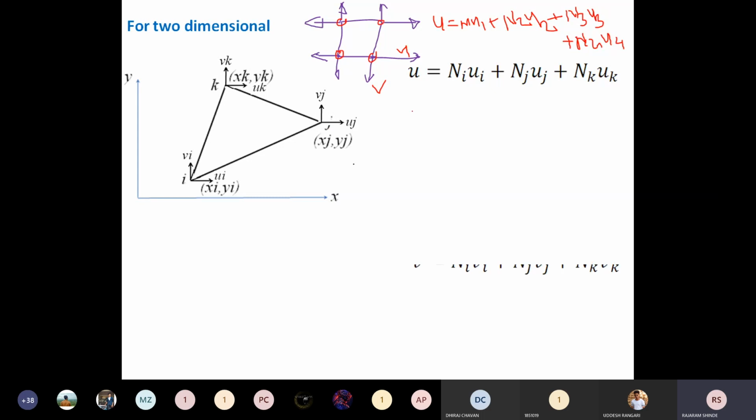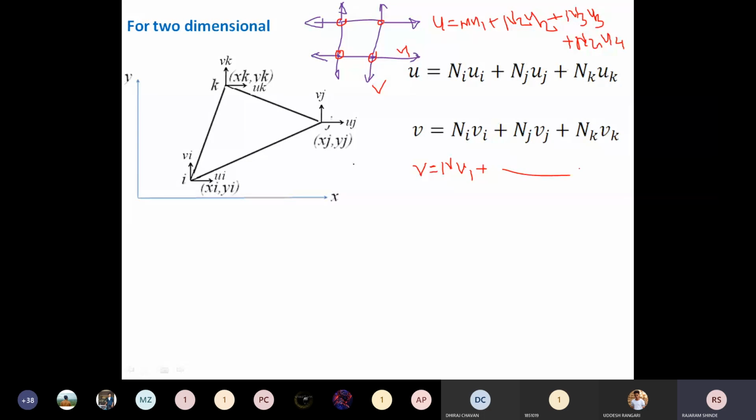Now for a triangular element, u is equal to ni ui plus nj uj plus nk uk, or n1 u1 plus n2 u2 plus n3 u3, and displacement in y direction is n1 v1 plus n2 v2 plus n3 v3. For the four-node element, v equals n1 v1 plus up to n4 v4, because it is also two dimensional and has 2 degrees of freedom per node, that is displacement in the x and y directions.